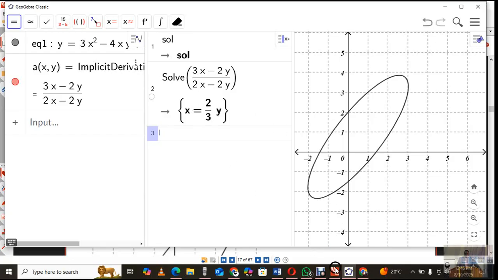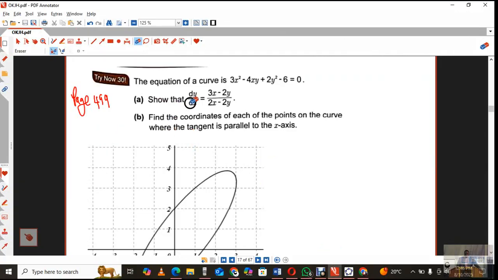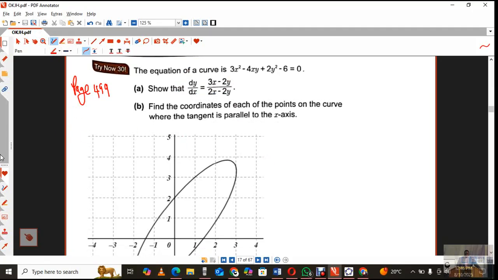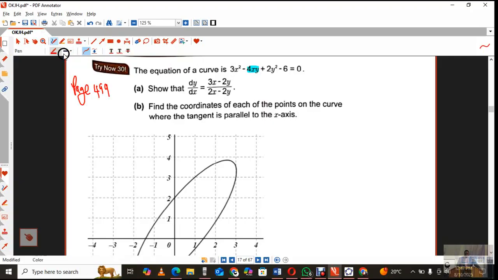All right, so let's go to the question and see. They say, show first of all that dy/dx is equal to that. So let's do that over here. There is a lot happening here because you also have the product rule that you have to apply, so you have to be a bit careful with this one so you don't end up making mistakes.